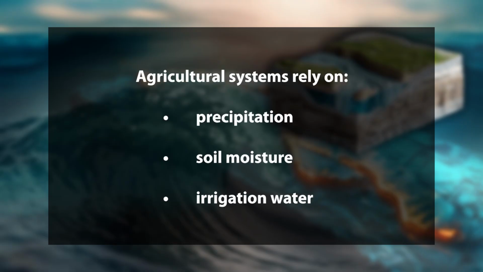From a human perspective, the significance of the water cycle is evident in its support of industry, agriculture, and domestic water supply. Agricultural systems rely on precipitation, soil moisture, and irrigation water derived from surface and groundwater sources. Industrial processes depend on water for cooling, processing, and energy generation, while urban populations depend on water for drinking, sanitation, and waste disposal.